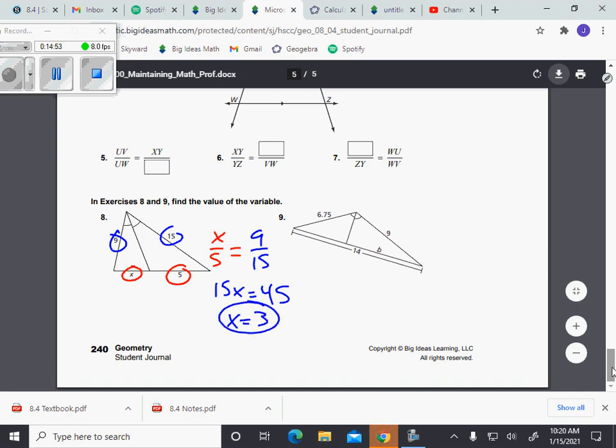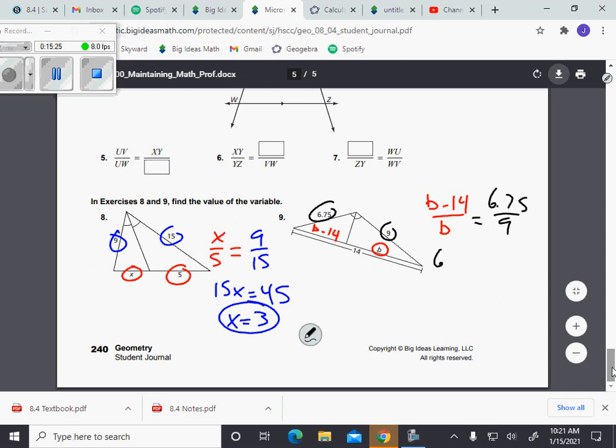And this whole thing is 14 on the bottom. Okay, we know that this is b, and this is b minus 14. So if I were to write this ratio, we'd have b minus 14 over b is equal to 6.75 over 9.